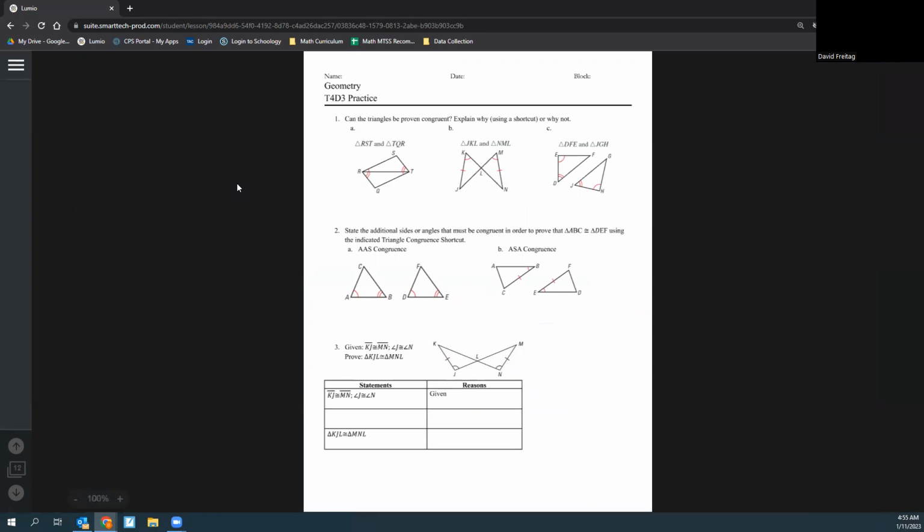So 1 is all about, can the triangles be proven congruent? Explain why using a shortcut, or why not. This one is a yes. And that is because this line is the same for both. And there'll be angle, side, angle.